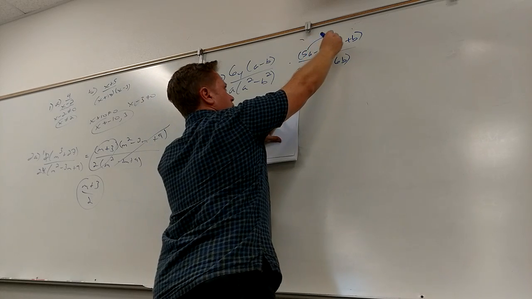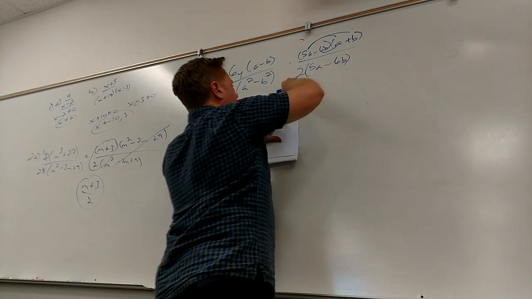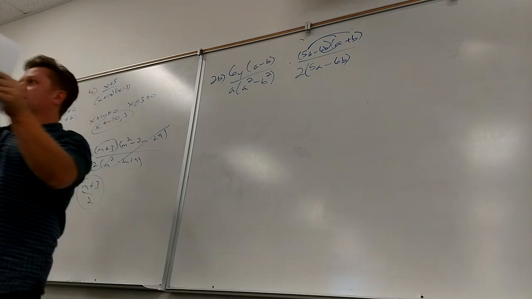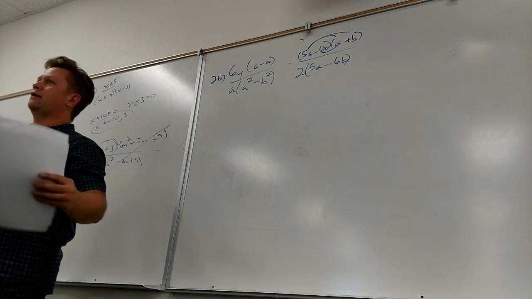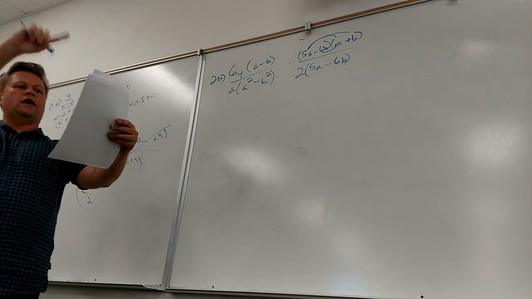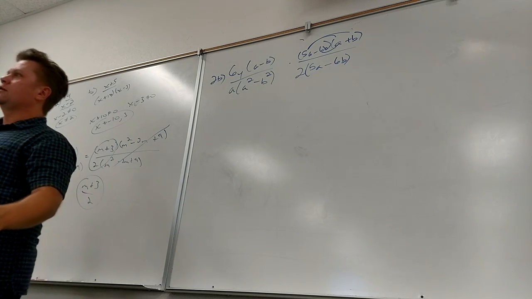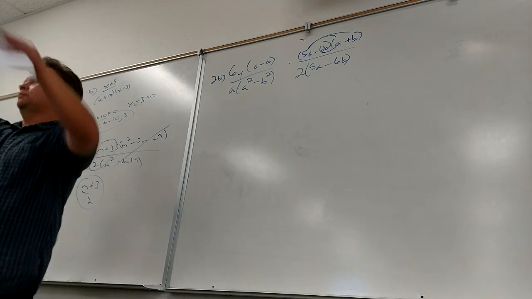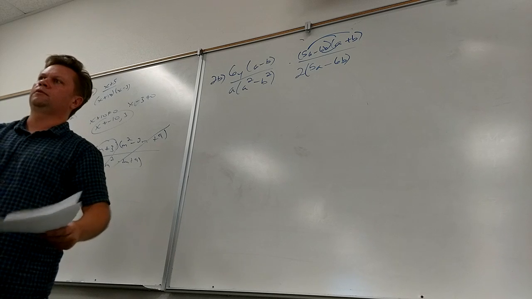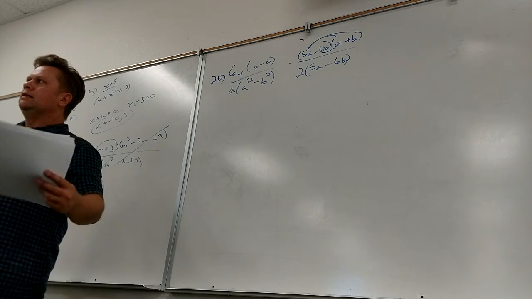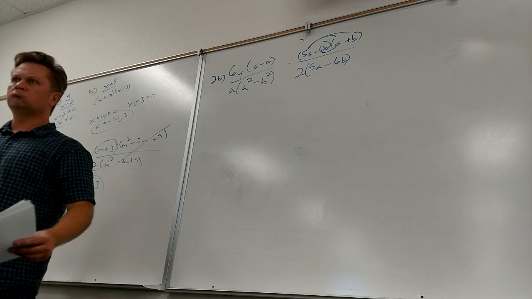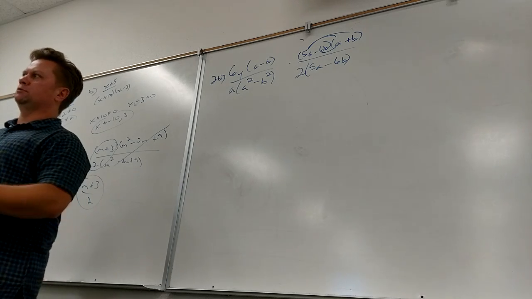And then I get negative 6ab plus 5ab is negative ab. So it gets the middle term. It works. Now, did you have to do it that way? No, you could have done 5 times negative 6 is negative 30. Factors of that to make negative 1. Split the middle term. But I've got a hint in the problem. The more you understand, the less you have to do.